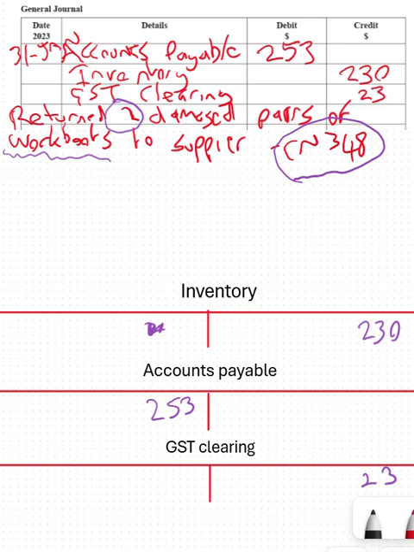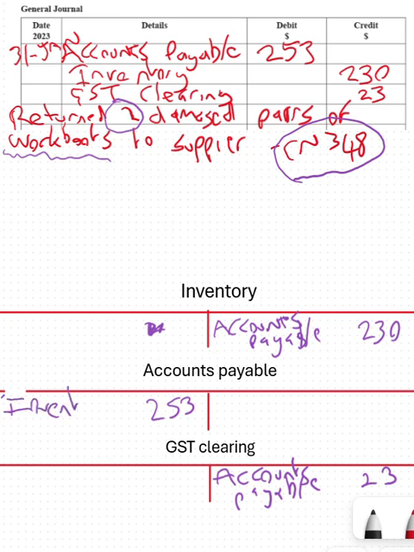So in terms of our cross-referencing, and I'm working with a stylus here, so my font's having some issues, our cross-reference in terms of the inventory is going to be accounts payable. Don't forget your date, but I'm going to leave that out here. Same with GST. Our cross-reference is accounts payable, and therefore in our accounts payable, we're going to have a cross-reference with inventory / GST clearing.